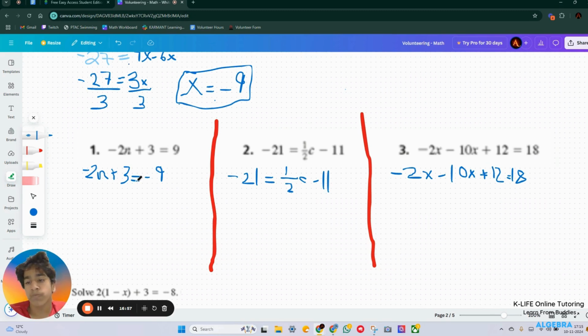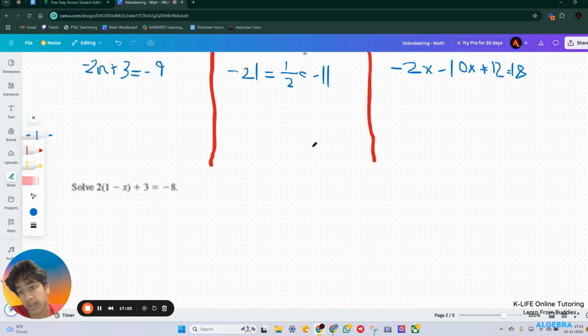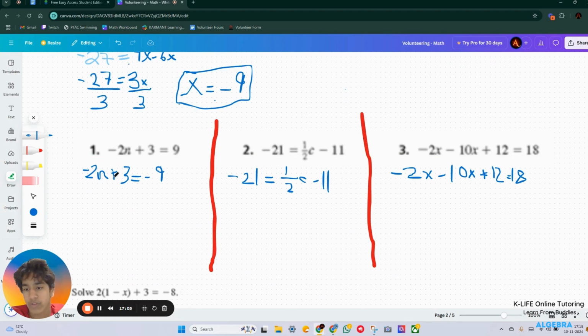So for number one, what you do first is like the ones that we did last class. You have to just focus on isolating a variable, right? So what you're gonna do is minus 3 on both sides. That's what the subtraction property of equality says. If you subtract from one side, you have to subtract from the other to keep the equation equal, right?